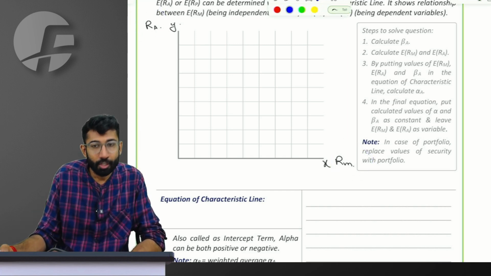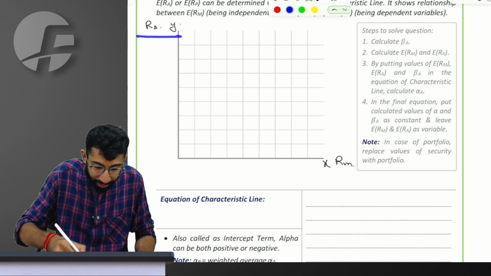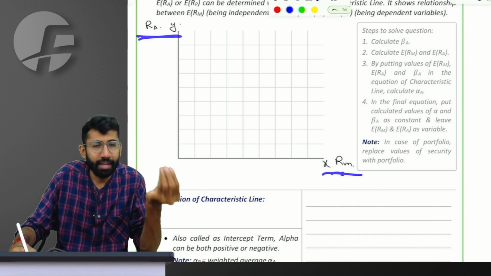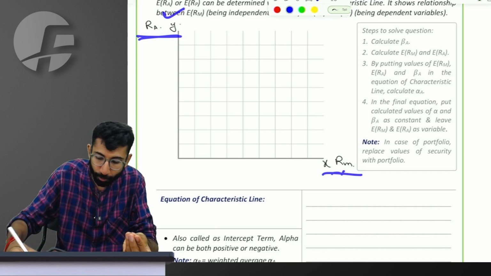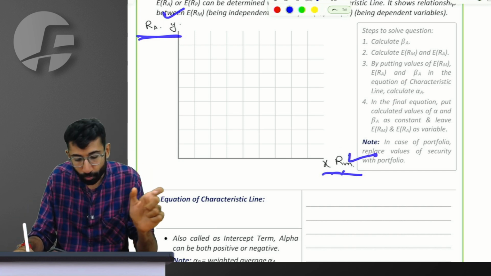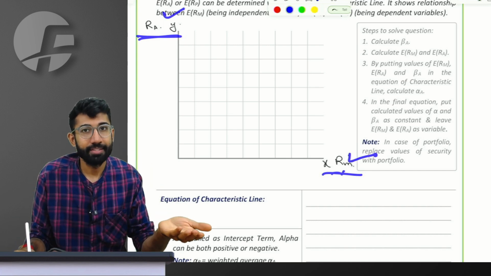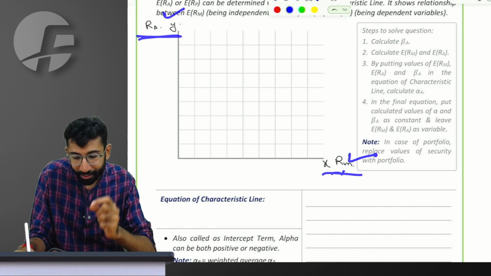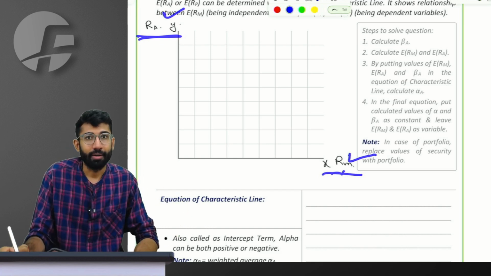Which means, as per Sharpe, as per his underlying logic, we can decide the axes: y being the dependent axis, the return of the security, and x being the independent axis, the return of the market.